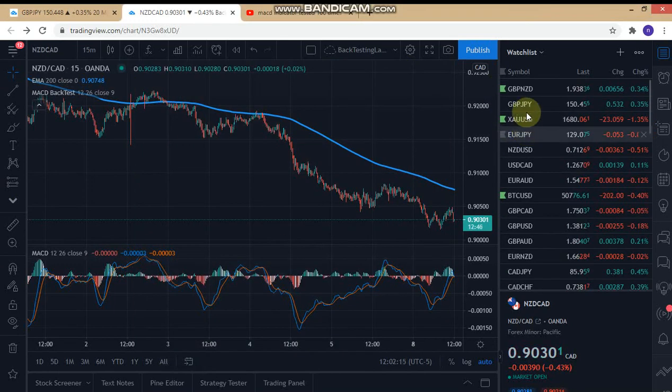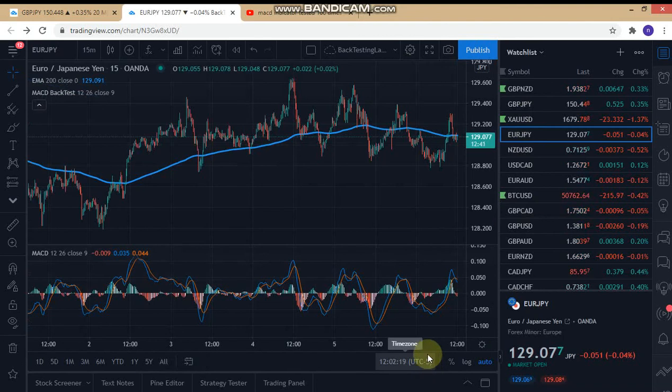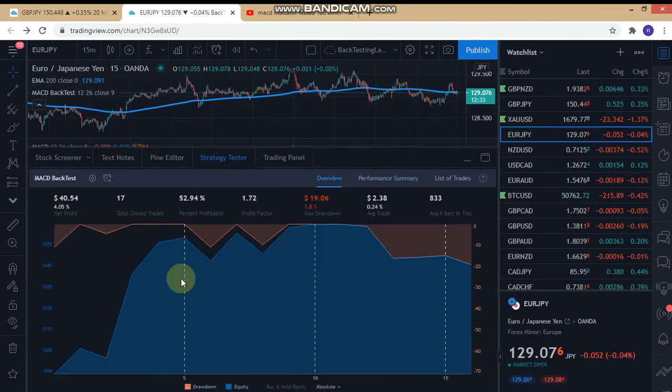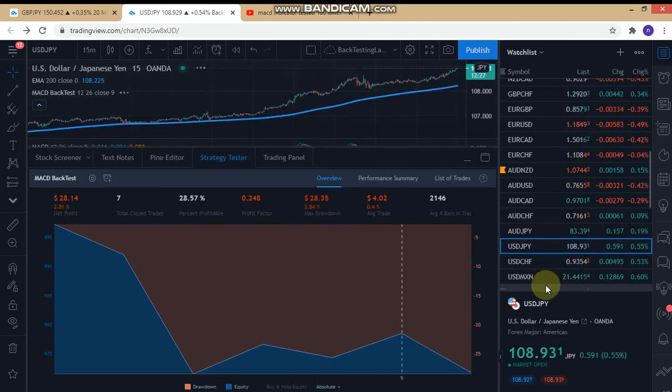Alright, so looking at the other yen currencies, since we're tailored to that one. Strategy tester view. 4% profit with 1% drawdown. It's not terrible. US dollar, complete disaster.